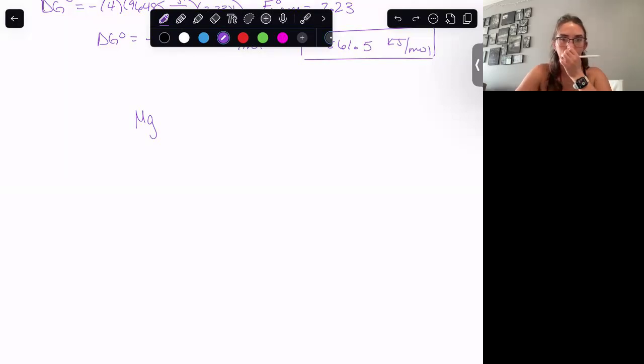Let's say we have aluminum phosphate. Okay, this is going to be solid.